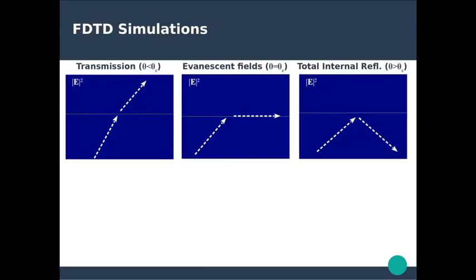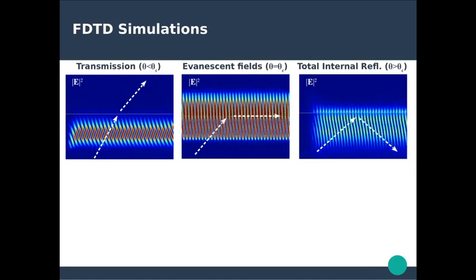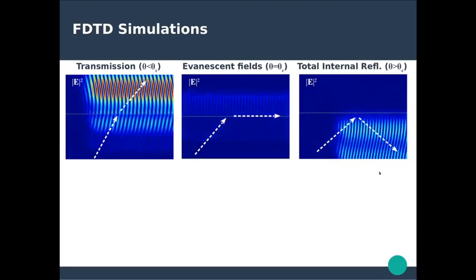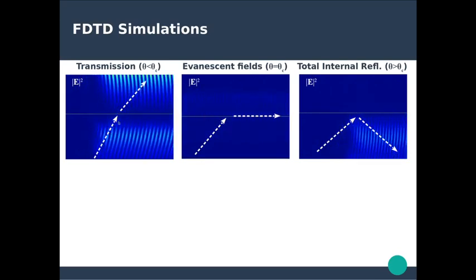So if you look at an interface between a medium at the bottom of index 1.5 and air at the top, this actually will show you how these evanescent waves are formed. So on the left-hand side, you have a wave which is being transmitted.